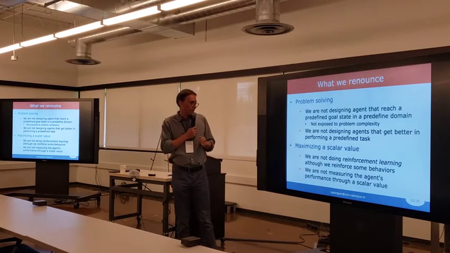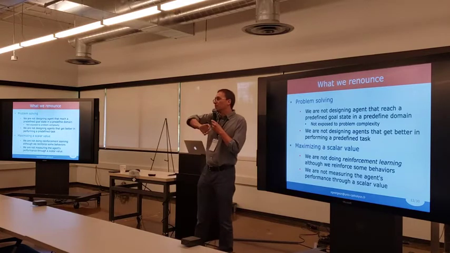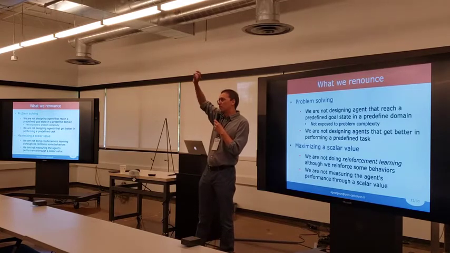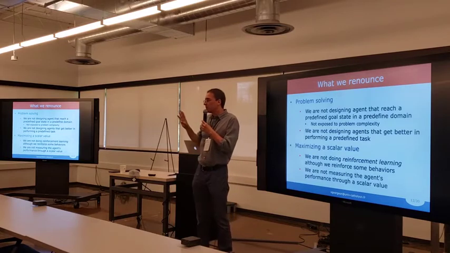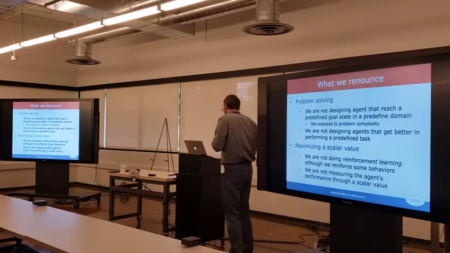No. So we are not measuring the agent's performance through a scalar value. What I'm going to show is not a beautiful curve that goes up. Look, this reward value has increased. No, I'm going to show demos where we can argue that some self-programming has occurred.